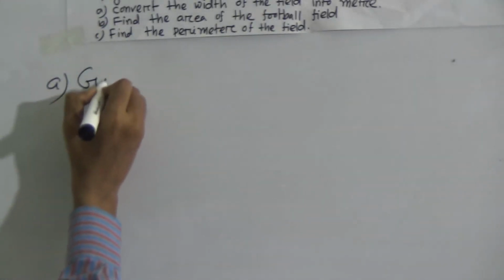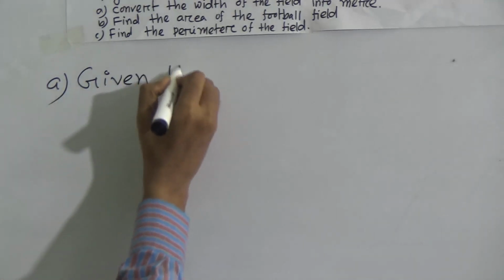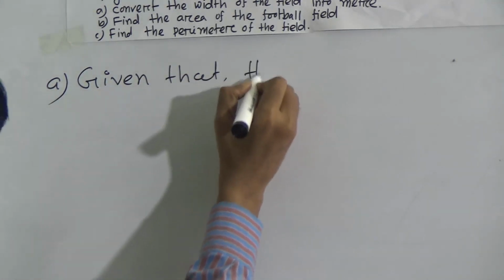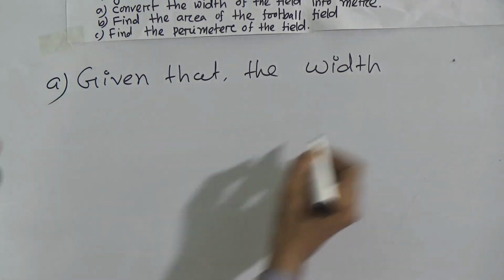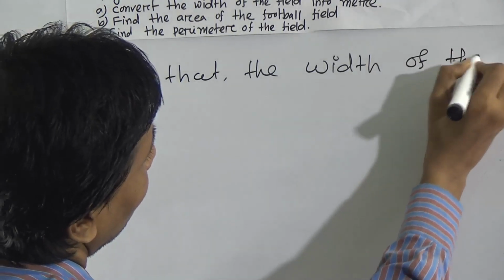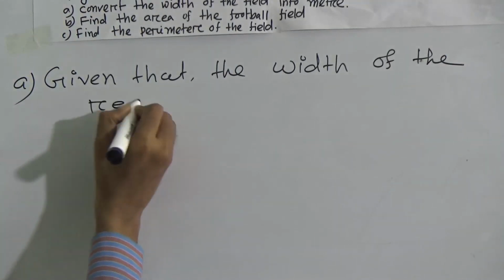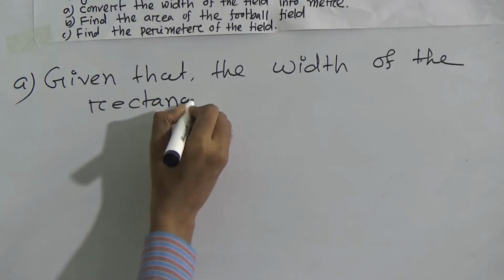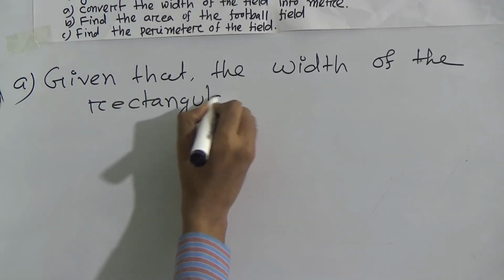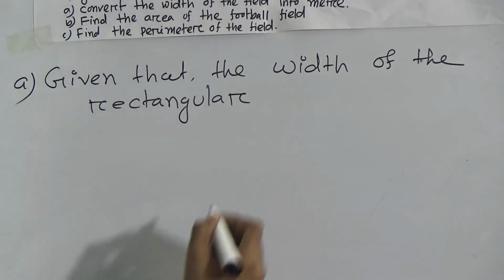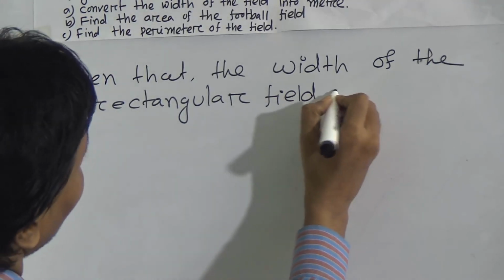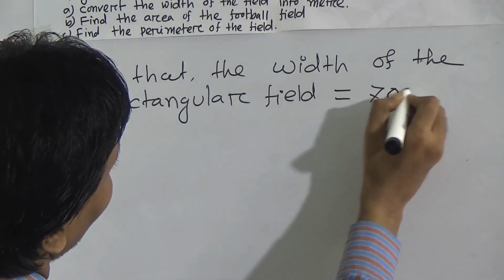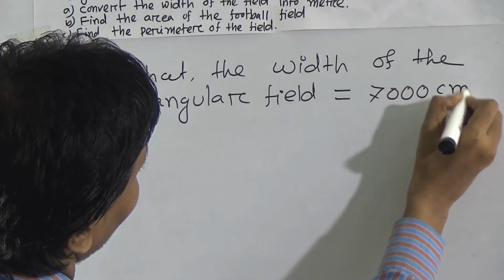You write, given that the width of the rectangular field equal to what? 7000 centimeter.